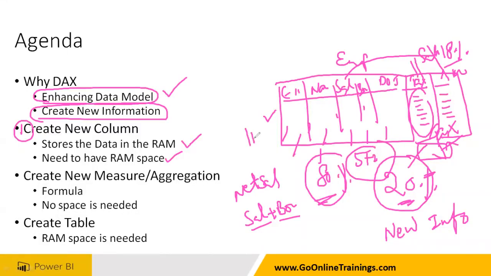When you have 1 million rows with 5 columns and 1 million rows with 7 columns, definitely more and more, right? So DAX can be created with the help of a new column, which stores the data in the RAM and needs RAM space. That is one thing that we need to talk about.